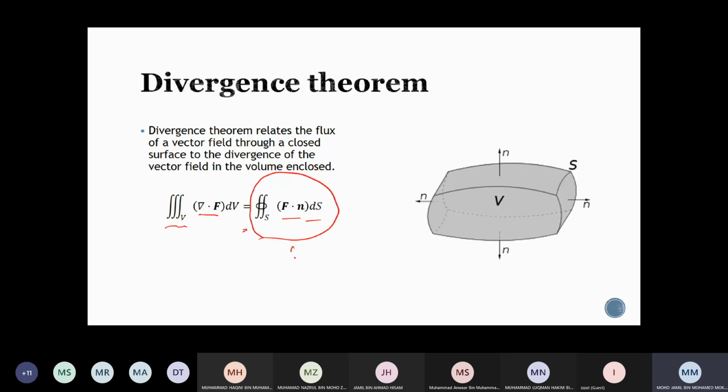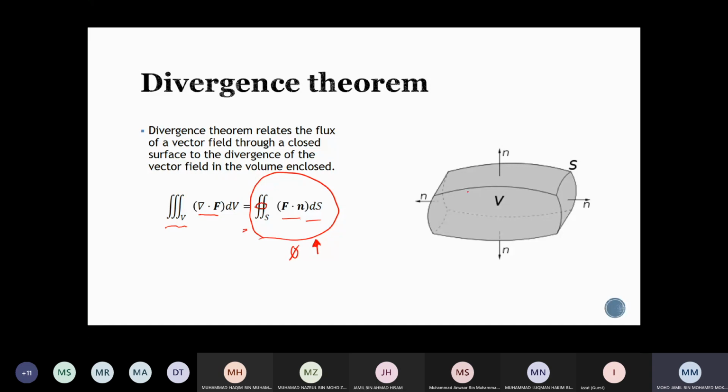To calculate this is very difficult because you have to calculate through all the surfaces. You probably never learned about this, so calculating by hand is very difficult. You need to calculate many times to get the flux.